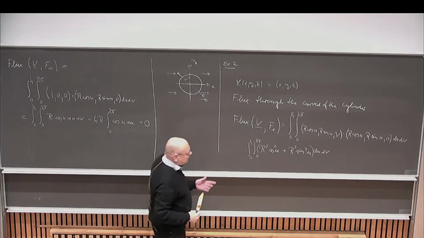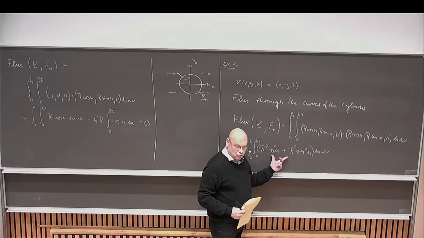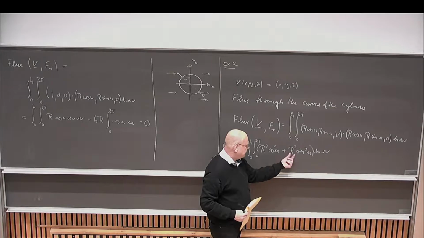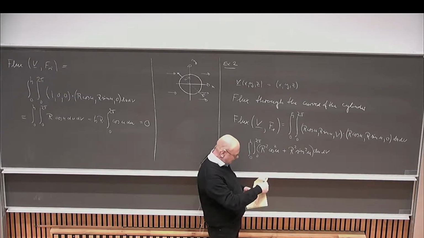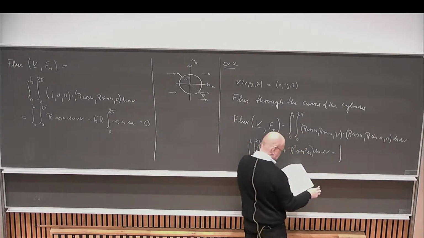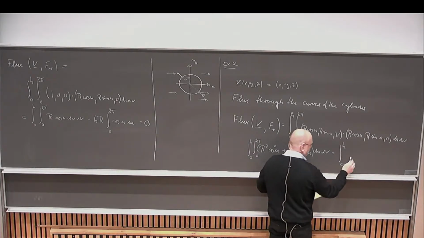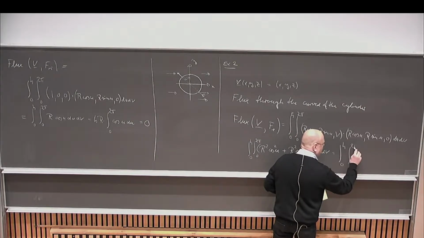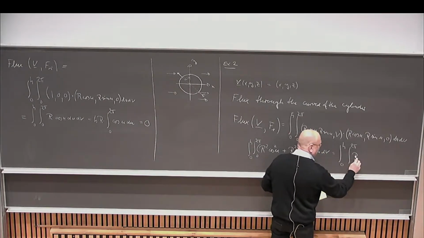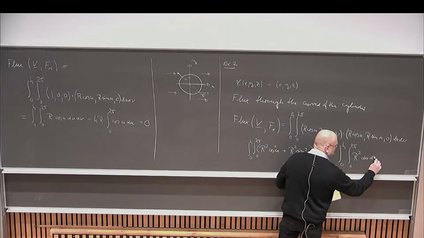Now remember that cosine squared plus sine squared is equal to 1. So if I put r squared outside a parenthesis, then I get that this is simply 0 to h, 0 to 2 pi, and then r squared, and then du dv.